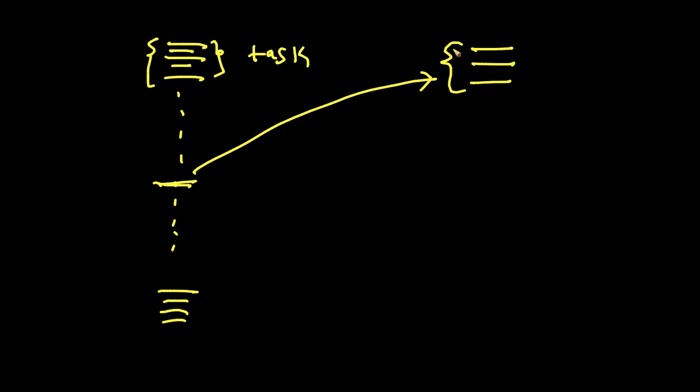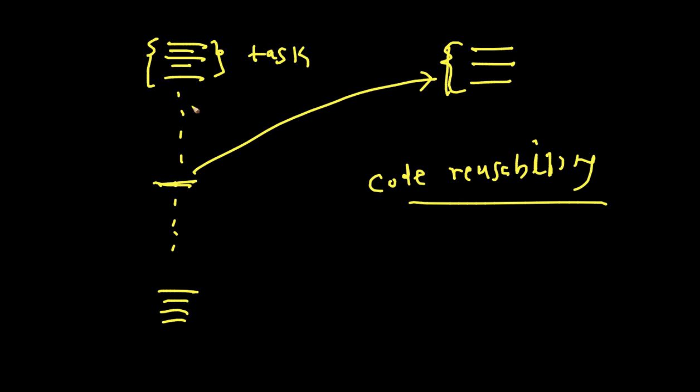That means I am writing once and reusing those lines again and again. That is called code reusability, which is possible with functions. Functions allow me to write the set of lines only once and call those lines as many times as you want.